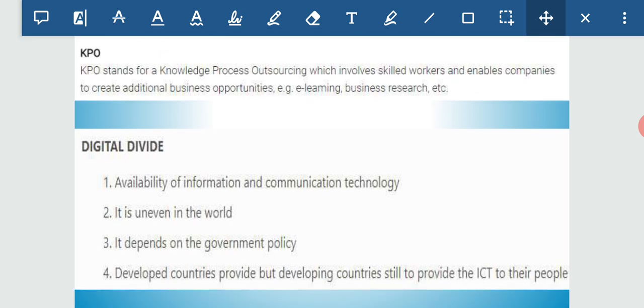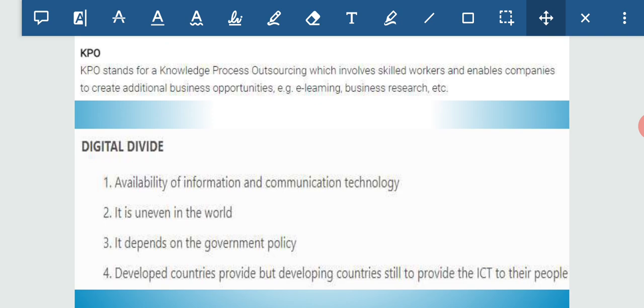Now I said that all this outsourcing is done with the help of information technology. Now what is information technology? It is actually a synthesis of computer and telecommunication, the transmission of stored and processed information. So what is digital divide?